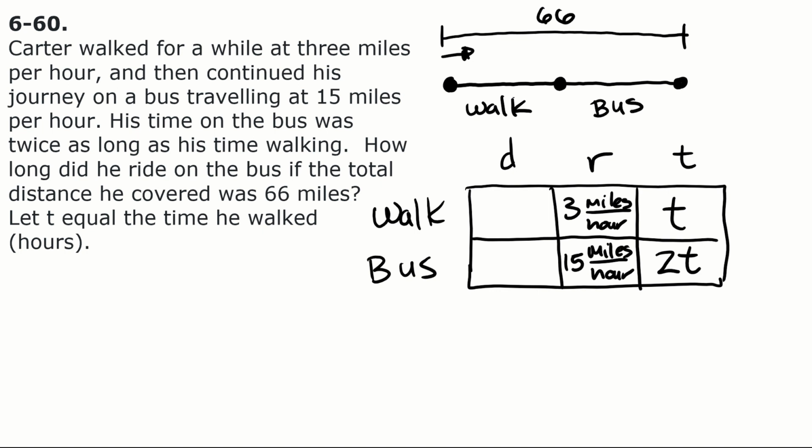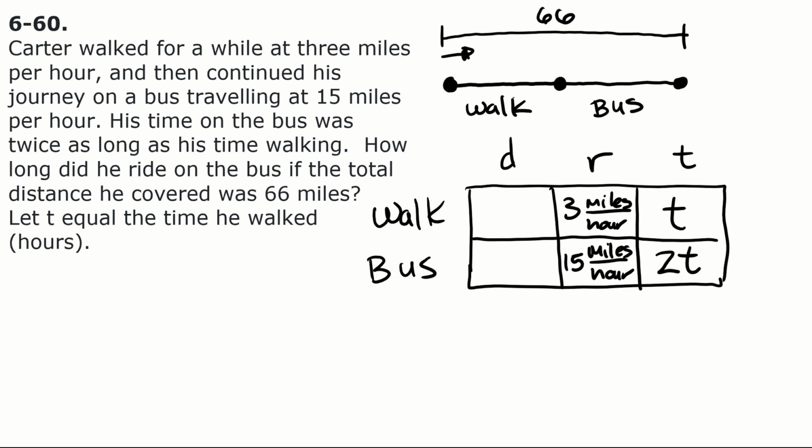Because I have another issue here with the total of 66 miles is the total distance traveled. I haven't made use of that yet. I do know that if I add those two distances up, I'm going to get 66.